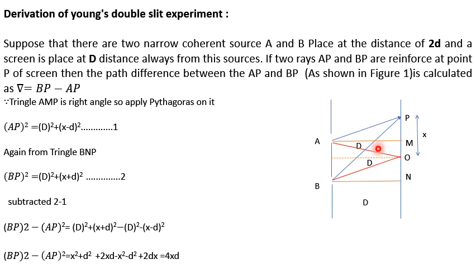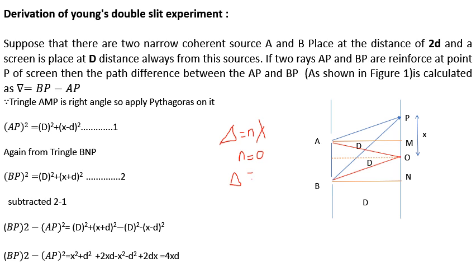As you know, the general condition of interference is that the path difference delta is equal to n lambda for constructive interference. So in this situation where the path difference is 0, the value of n is 0. Therefore delta becomes 0.